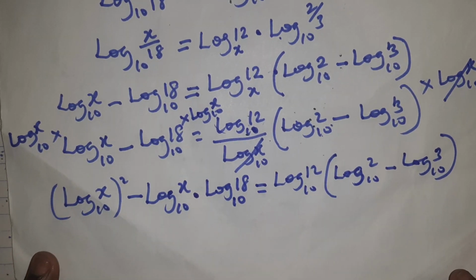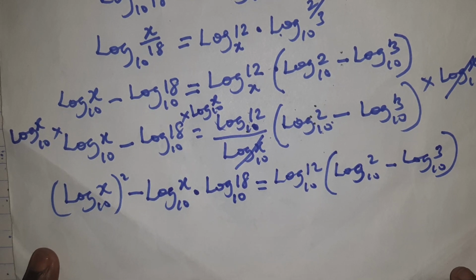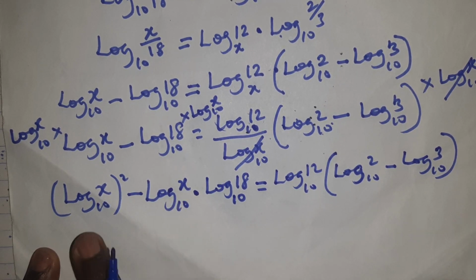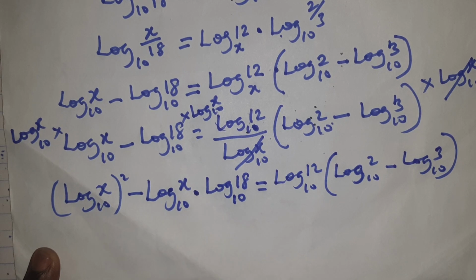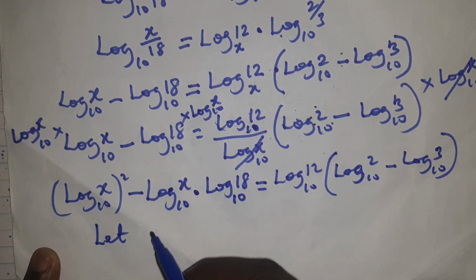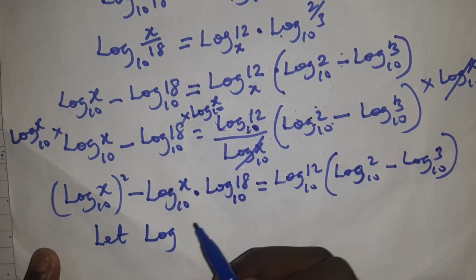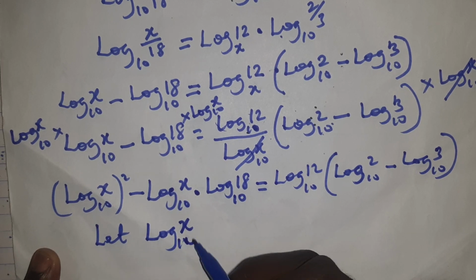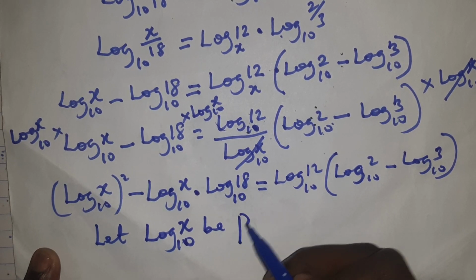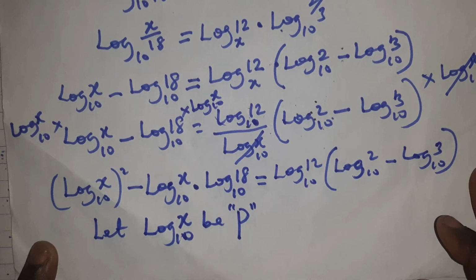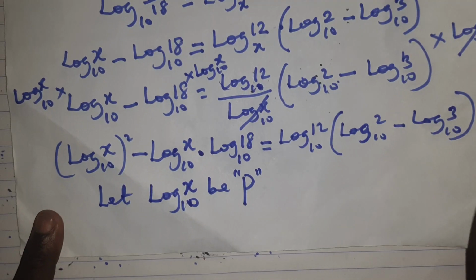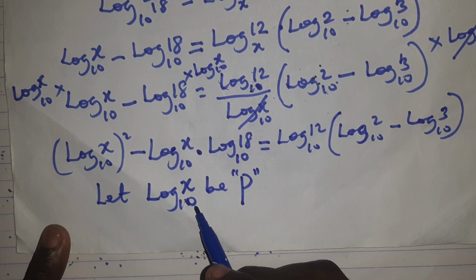And if you notice that we have log x base 10 common on the left hand side, so we can say let log x base 10 be p. So let's just make it p. Say let log x base 10 be p.